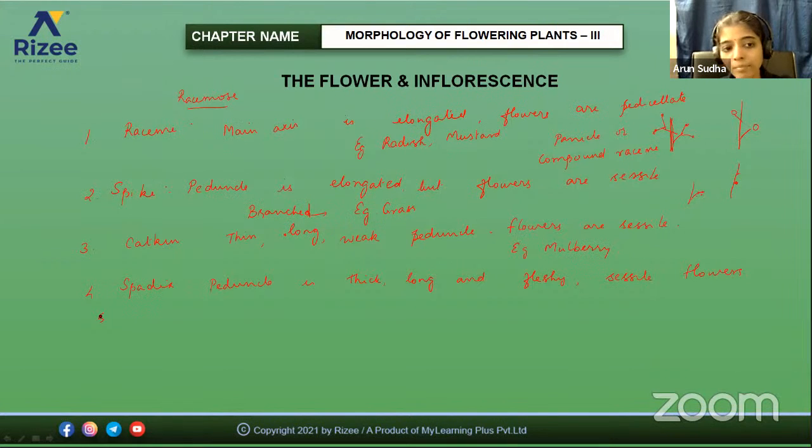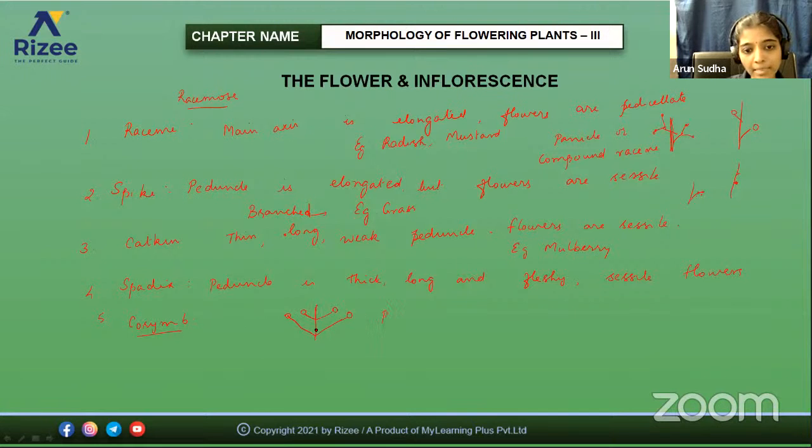There is another type that is called the corymb. Here the arrangement will be like the lower ones, the pedicel will be larger and upper ones will be shorter. So here the peduncle is short actually.